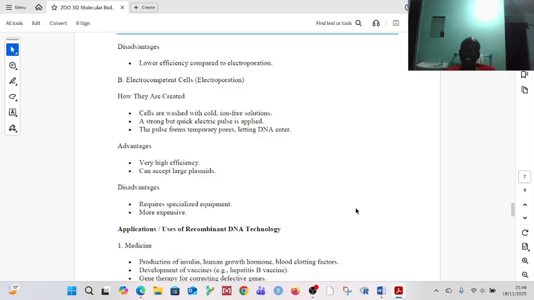The thinking is that the shock you are subjecting the cells to will create holes on the cell membrane. Then through those holes, DNA can now enter. Once DNA enters, that cell is said to be competent, but it was not competent naturally. So it had to be made competent using an artificial means.